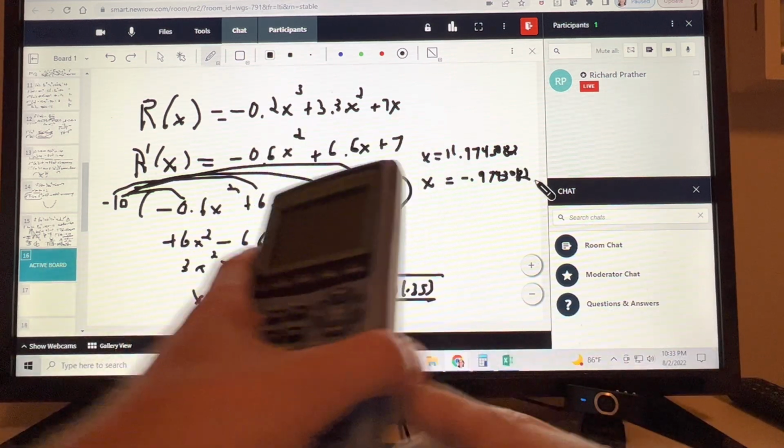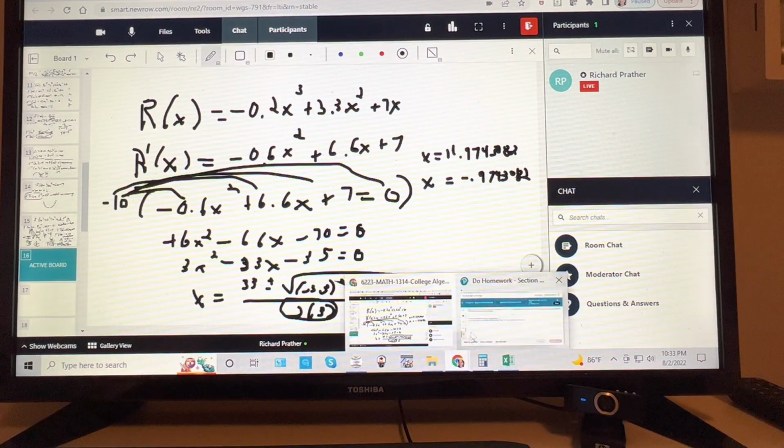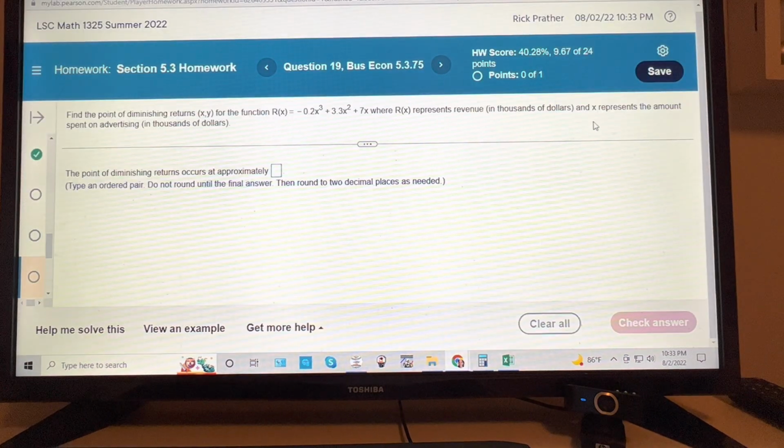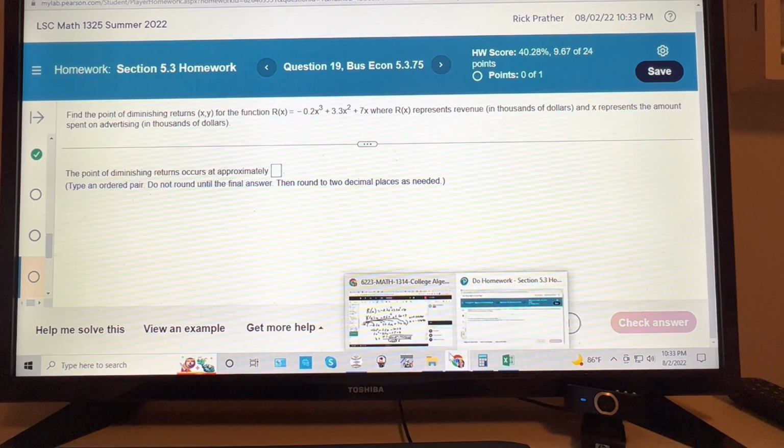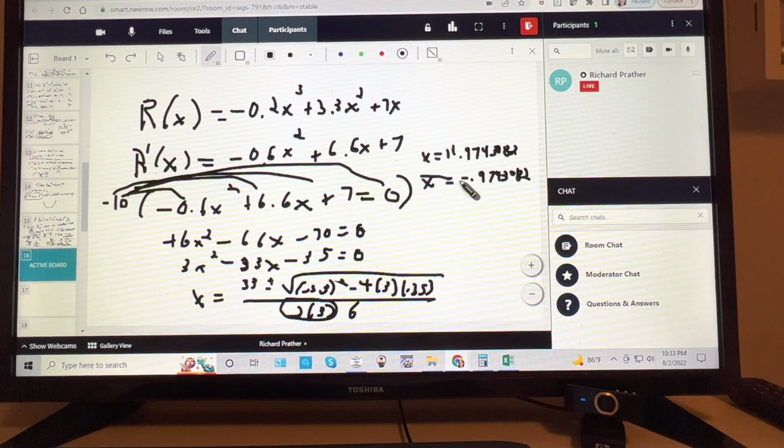Except we're in a business setting where things probably can't be negative. X represents the amount of money spent on advertising in thousands of dollars. You can't spend negative amounts of money, so this one gets crossed out, luckily.